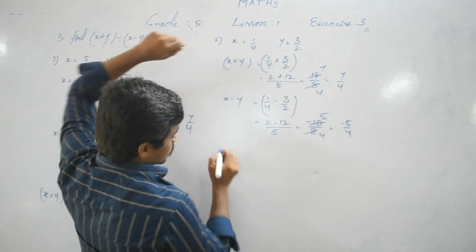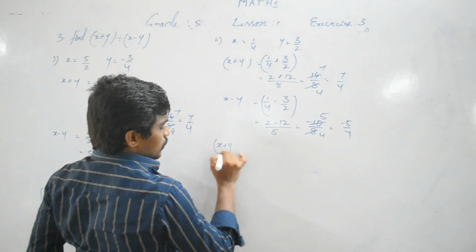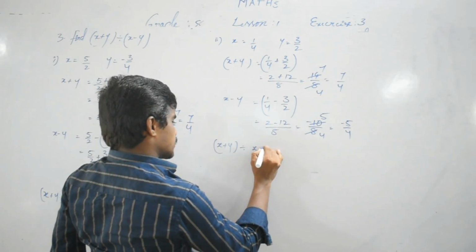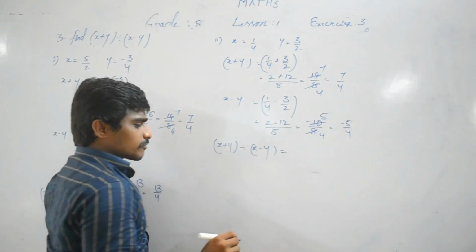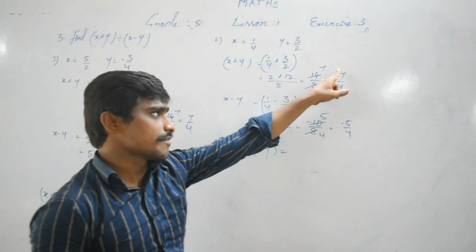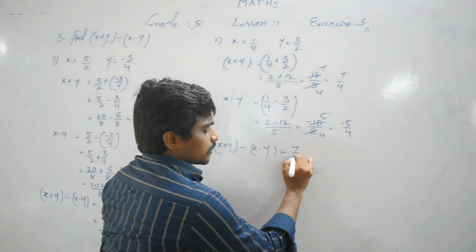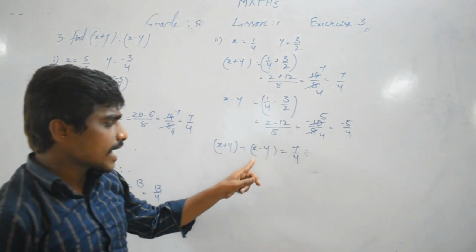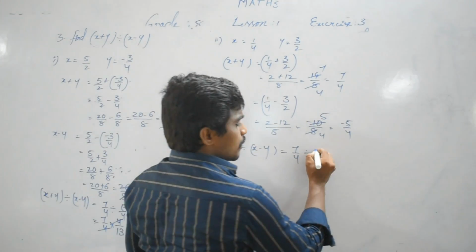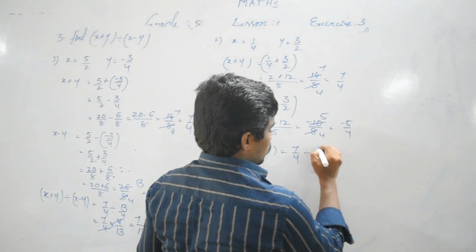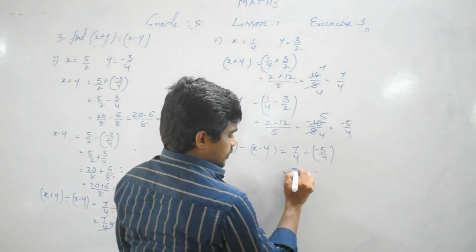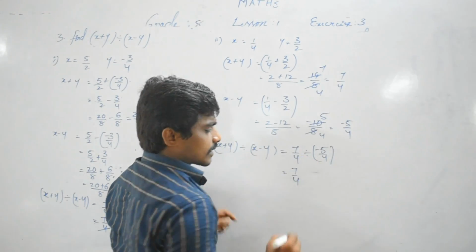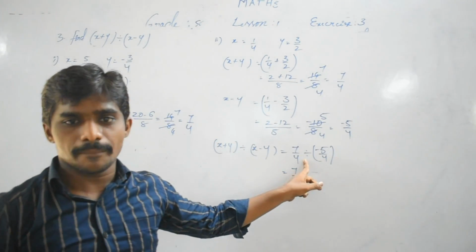So x plus y divided by x minus y. X plus y value 7 by 4 divided by x minus y value minus 5 by 4. So 7 by 4, here cross out division symbol.